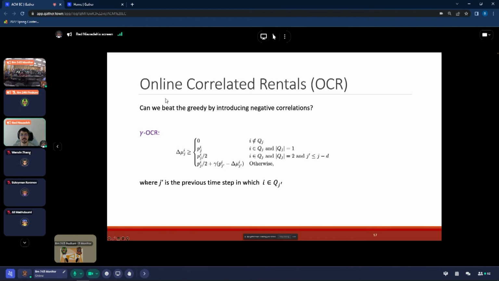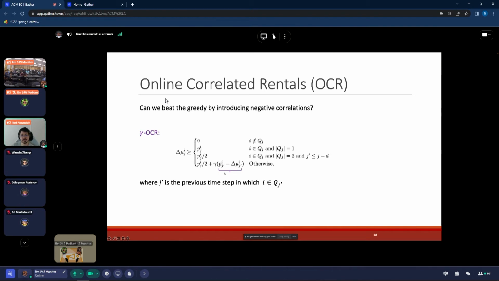So specifically, let J prime be the previous time in which I is proposed to the inner algorithm. And our gamma OCR, or gamma online correlated rental algorithm, guarantees that if J prime is larger than J minus D, in other words, if the last time I is proposed is within a window of size D, then the algorithm matches vertex I with the probability of Pij over 2 plus gamma times that number.